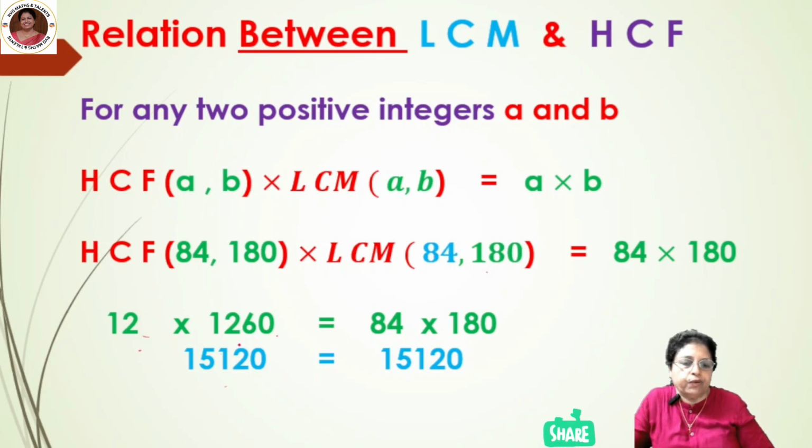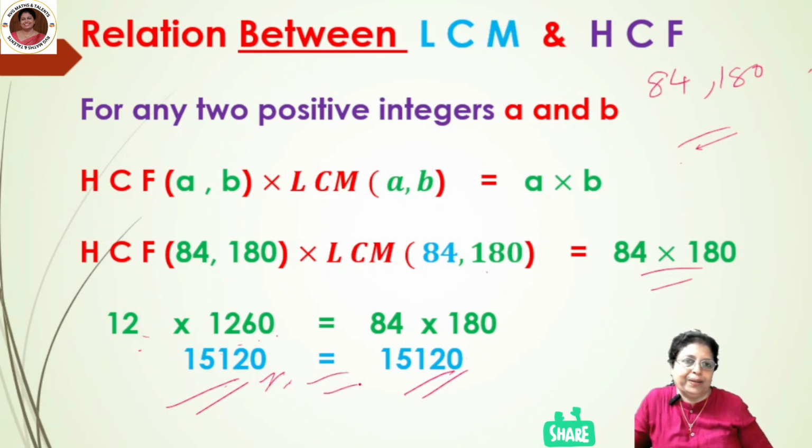And you can see it is 15,120. And what about the product of the numbers 84 and 180? You can see its product is also 15,120. So you can say these are equal. So we verified that relation here.